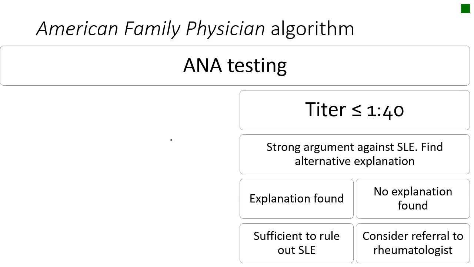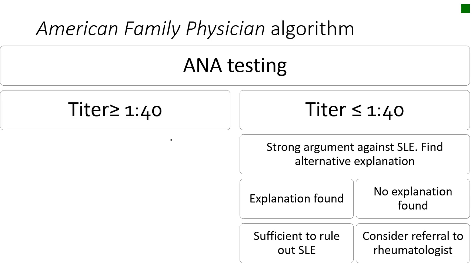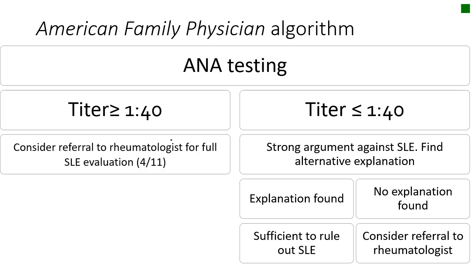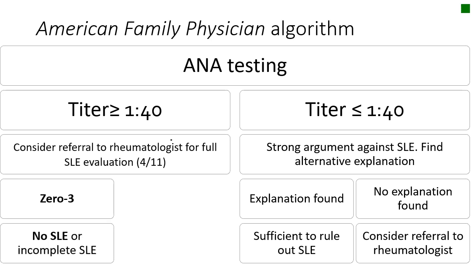It says that if the titer is more than 1:40, you can consider referral to a rheumatologist for a full SLE evaluation, that 4/11 criteria. If it is between 0 to 3, in our case it is 2 out of 11, then there is no SLE or incomplete SLE. If it is 4 points out of 11 or more, then you can consider that to be SLE.